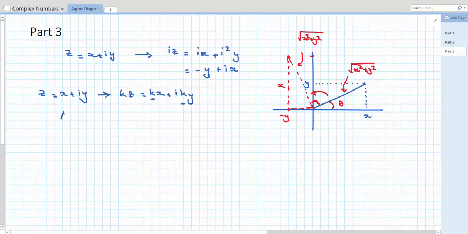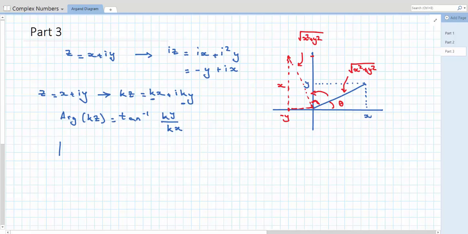Remember that the argument of a complex number is given by its inverse tan of imaginary over real. The k's will cancel and you end up with just y on x.